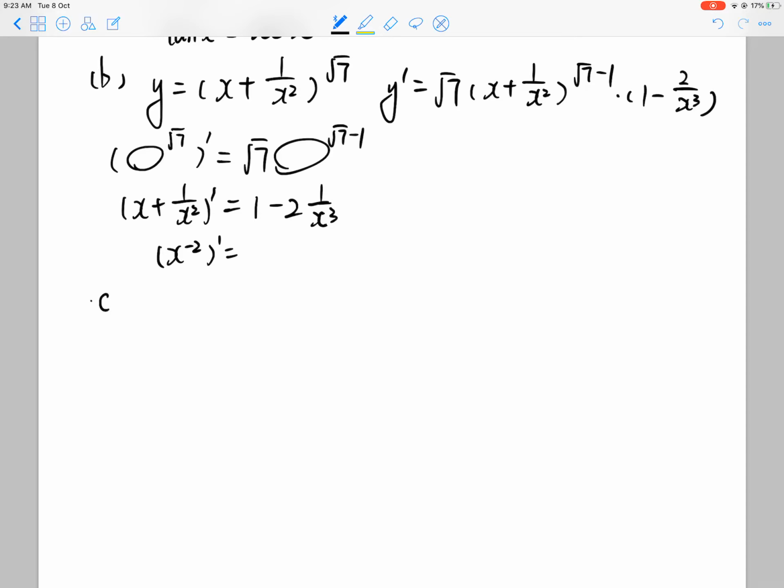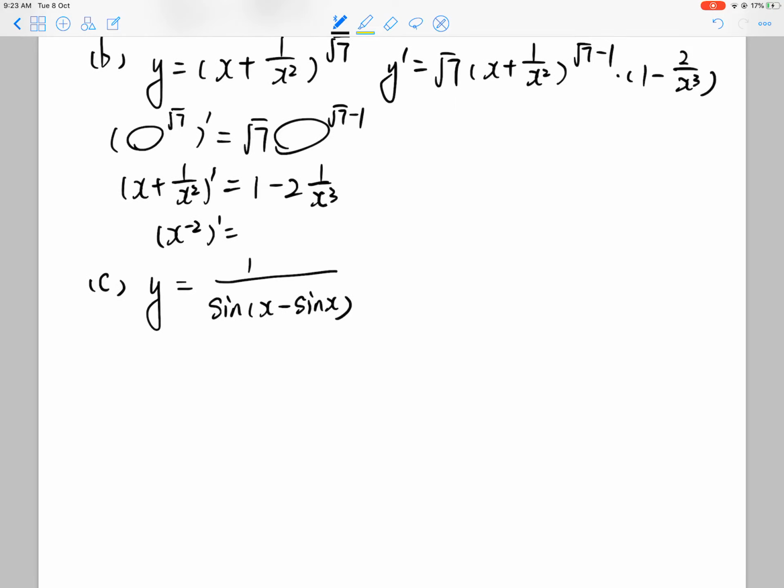So part C, again, y is 1 over sine x minus sine x. In parts A and B, we had only 2 layers. For part C, we actually have 3 layers. So what is y's derivative? First, the first function from outside to inside you encounter is 1 over something.